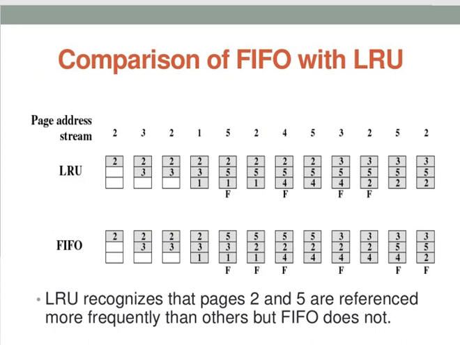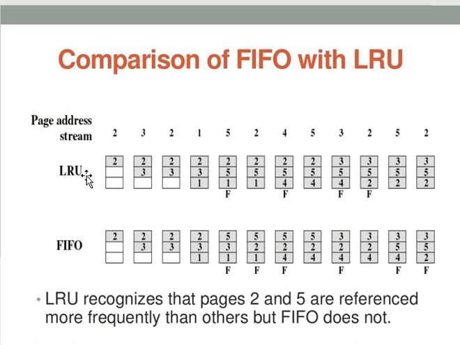Now again, the comparison between FIFO and LRU: we can see that in LRU for the same string there are 4 page faults, and in FIFO there are 6. Comparing OPT, LRU and FIFO, FIFO has an advantage in the manner of implementation because it is simple to implement. But the optimal page replacement algorithm is the best of the three: LRU, FIFO and optimal.